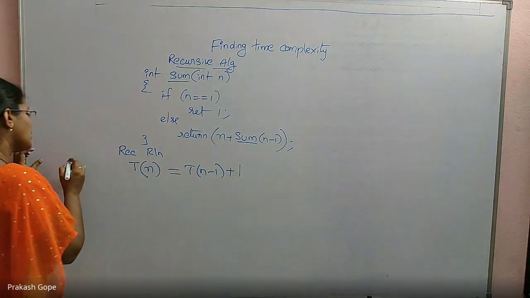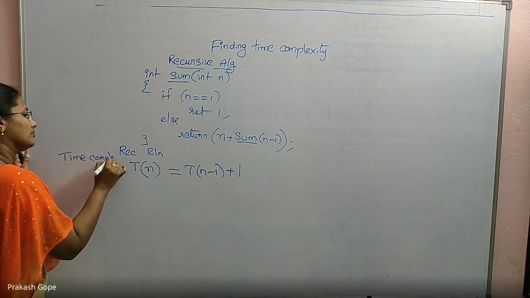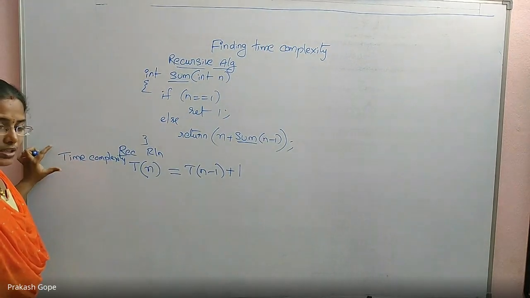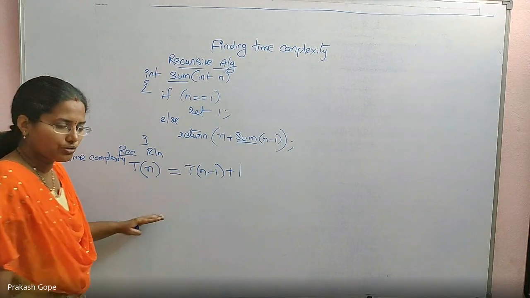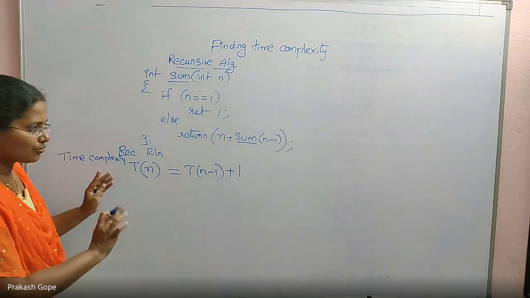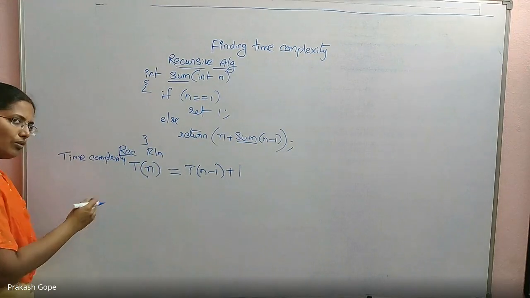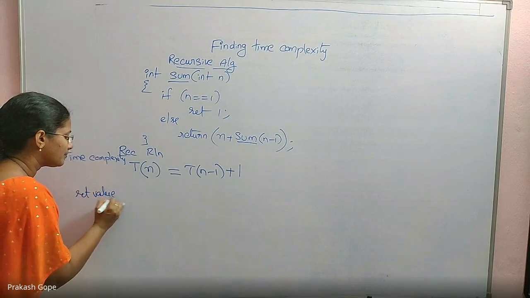So this is the recurrence relation to find the time complexity. How do we solve it? That we will see in the substitution method and master's theorem. First, you should be able to write the recurrence relation. Now, if I ask you what is the recurrence relation for the return value of the function?